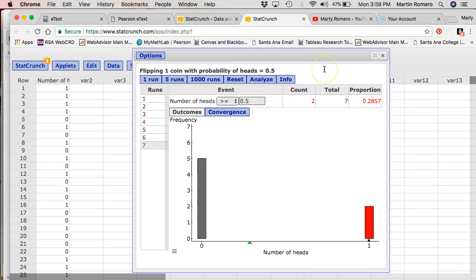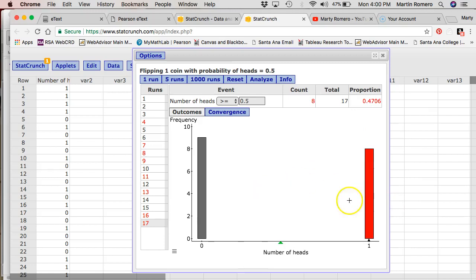And so we know that it's supposed to be 50-50. Let's flip 5 more times to get us to 12. Theoretically, it should be 6 and 6. Right now, we have 7 tails and 5 heads. The more we flip the coin, the more it should balance out.